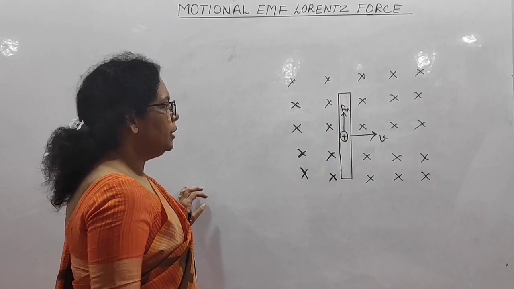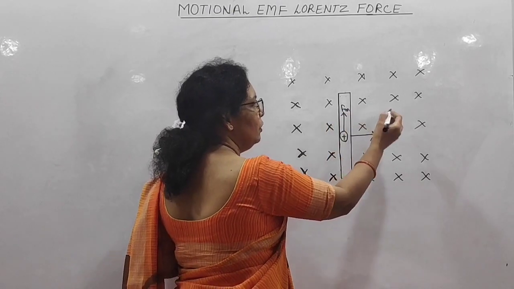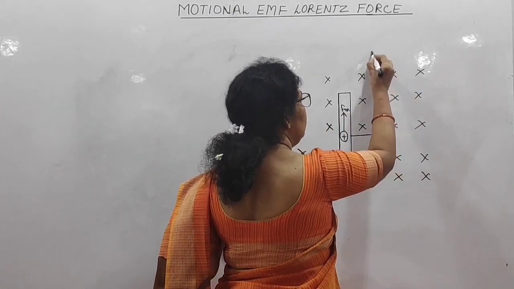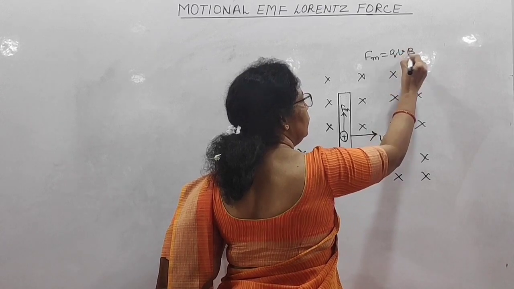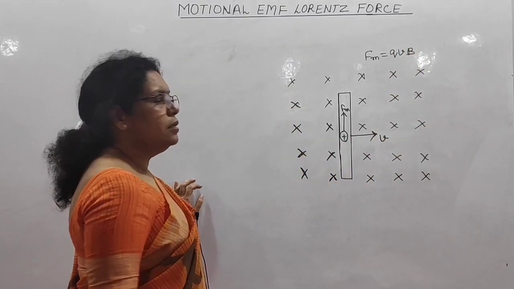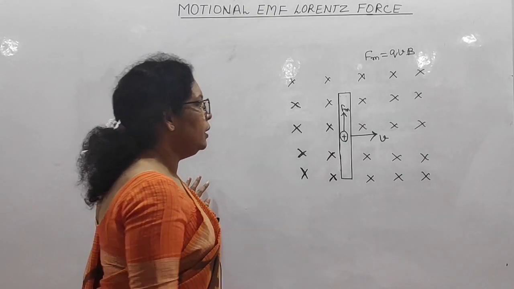Due to this magnetic force, and how much will this force be? Fm equals QvB sin theta, and theta is 90, so sin 90.